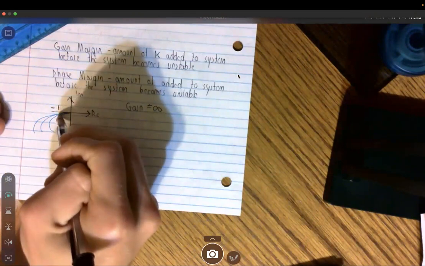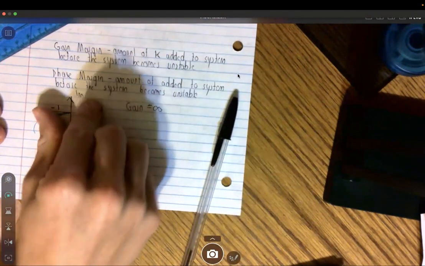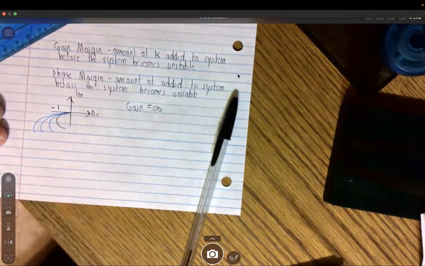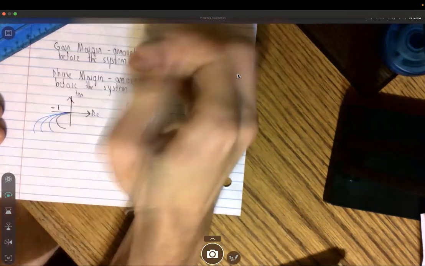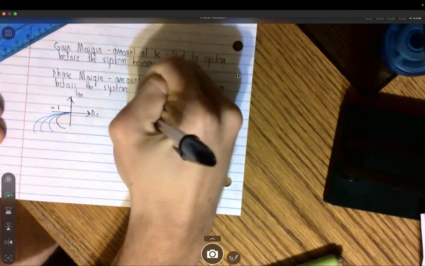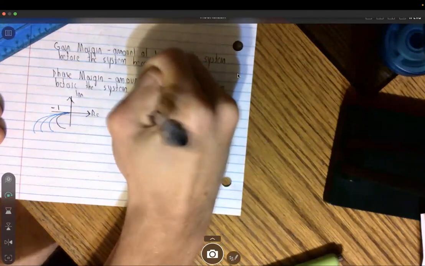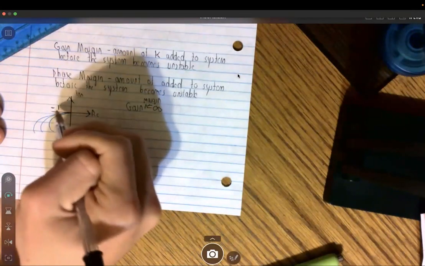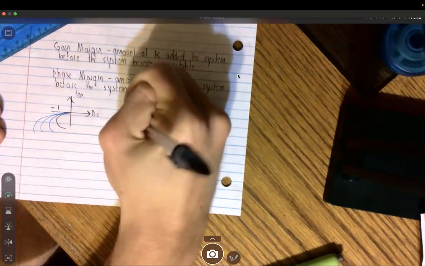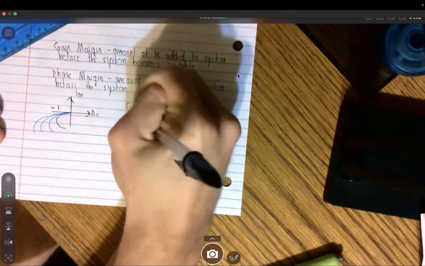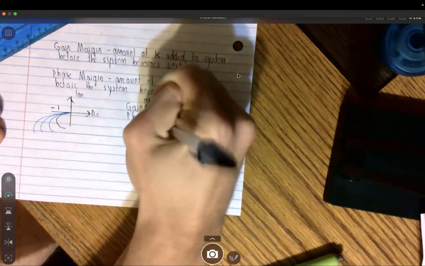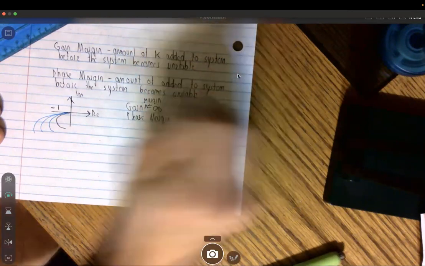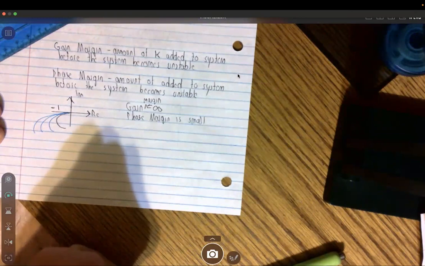But for the phase margin, if we start to tilt this upward, it's going to run into -1. So the gain margin is infinity, because you can add as much gain as you want, but it's never going to go through -1. But the phase margin is going to be small, because if you tilt it upwards, it's going to run into that -1 point.